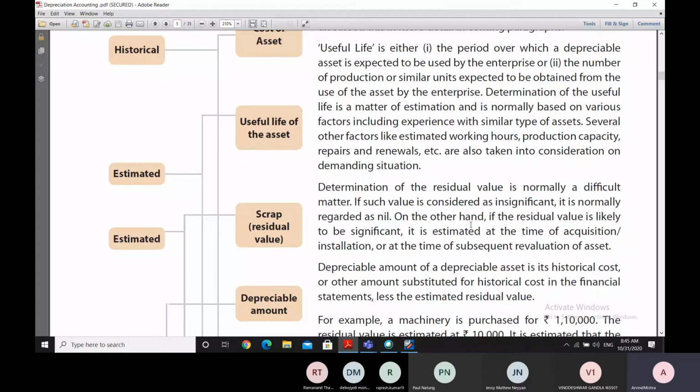Whenever you make a revaluation of the asset at a subsequent time, perhaps when the asset is sold due to some reason, or if the business itself is sold due to some reason, or there is a change in the ownership of the business, at that time also, the residual value is estimated, and the residual value is also estimated when initially the property, plant or equipment is installed and commissioned.